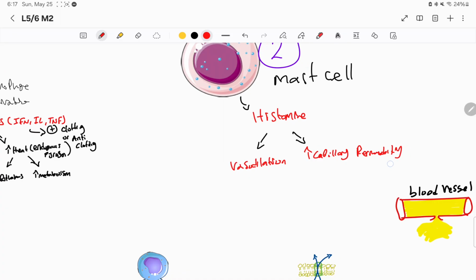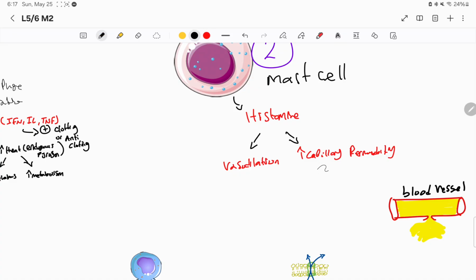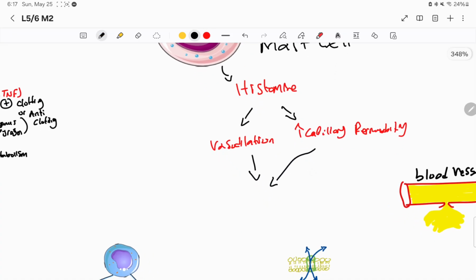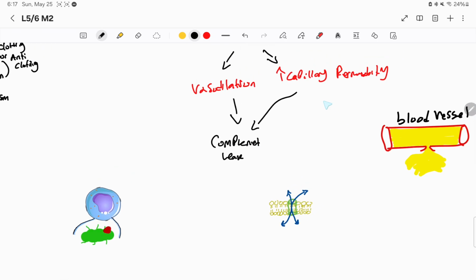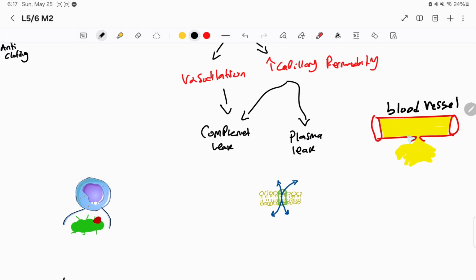Now, this can lead to two things. This can lead to, and so can vasodilation, the leakage of complement, which is good because that can then activate the complement system. But this can also lead to plasma leak.